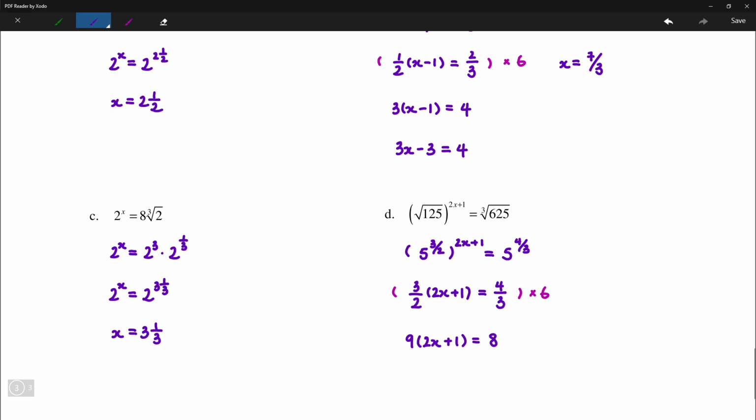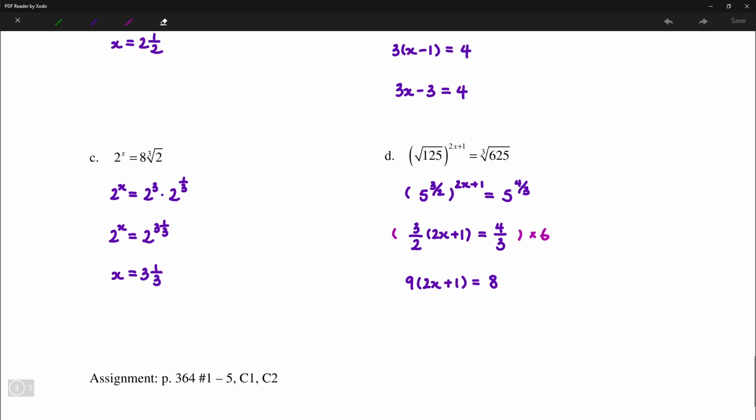All right, so from here, we can distribute everything, so that means we have 18, sorry about that. Scroll down a bit. We have 18x plus 9 equals 8. That means that 18x is equal to -1 when we subtract 9 from both sides. So finally, x is going to be equal to -1 over 18.